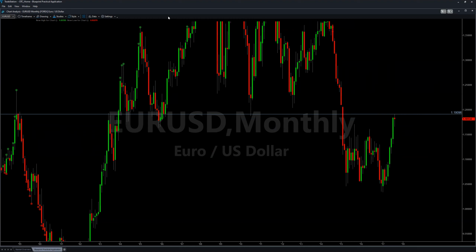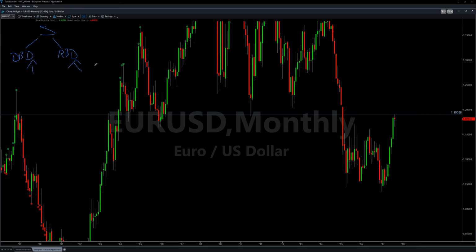Remember, guys, we're looking for supply. That means we have only 2 different formations. That is a drop base drop, and a rally base drop. That are our 2 supply areas. And the drop at the end means always, okay, we have to expect big red candles.